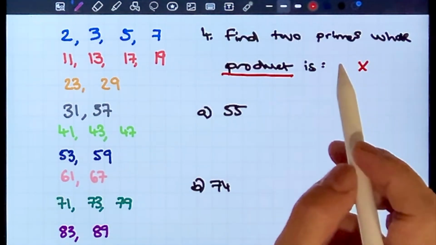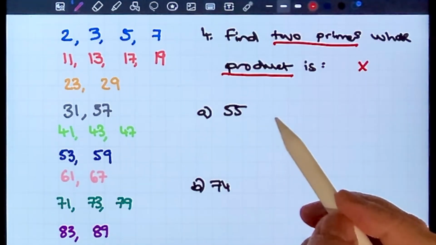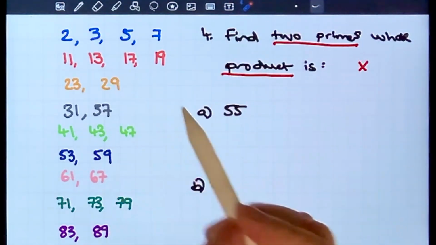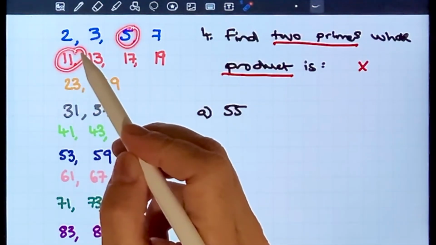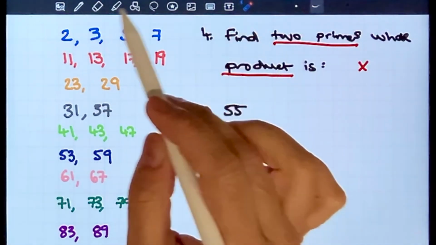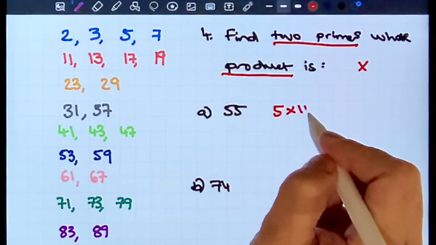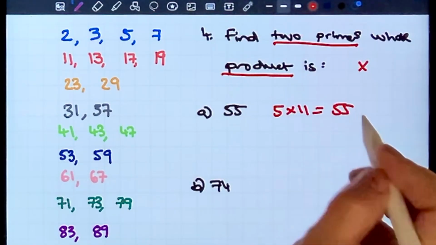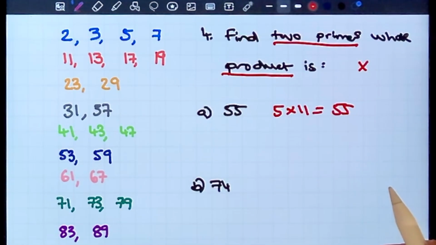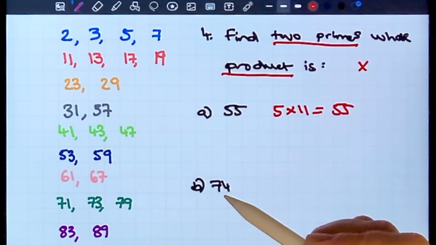So now we want to multiply two prime numbers. So I'm thinking 5 and 11. So 5 times 11, two prime numbers multiplied together, give us 55. And the next one is 74.